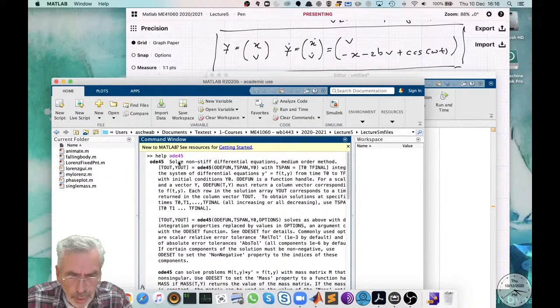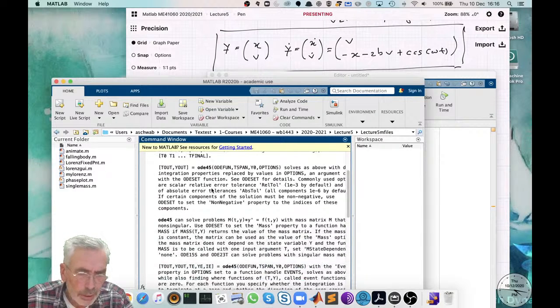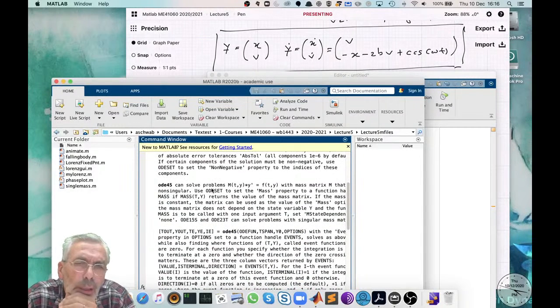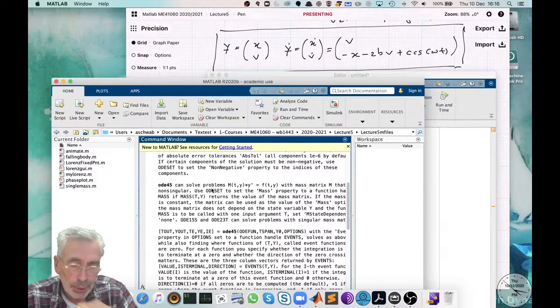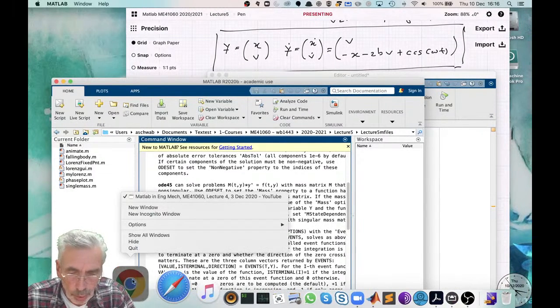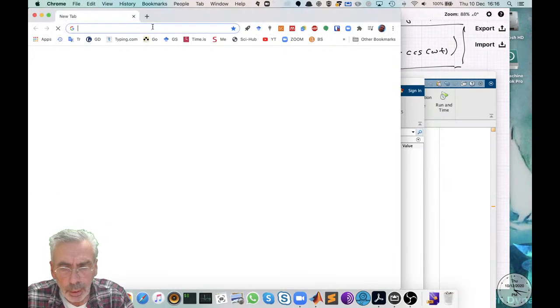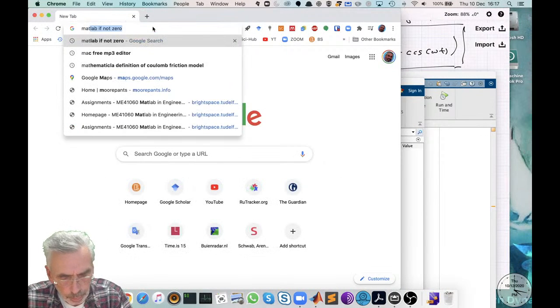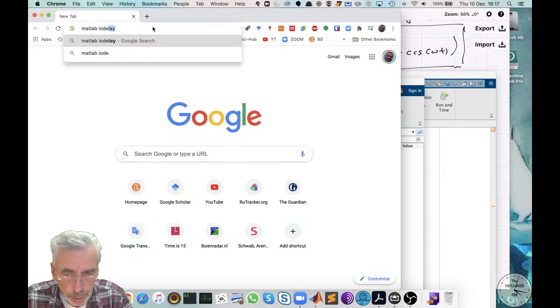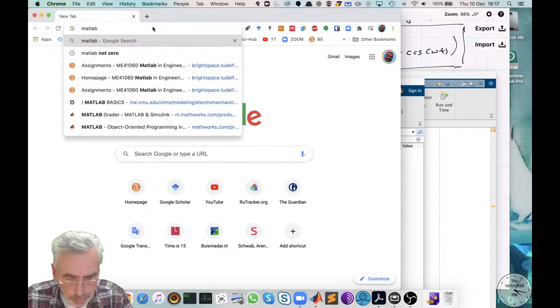Anyway, ODE45 solves a non-stiff differential equation, medium order method, blah blah blah. Actually, to be honest, if I look up stuff in Matlab, I almost never use Matlab itself. I almost always go to Google, and there I just type Matlab ODE.